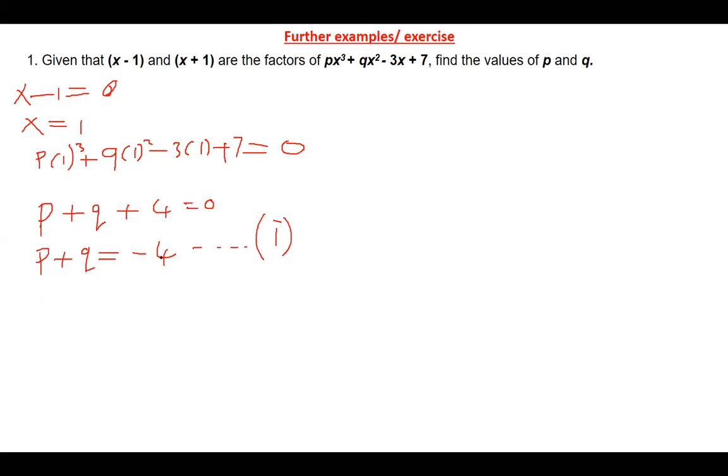And then you find your second equation by replacing x. You say x plus 3 is equal to 0, so meaning x is equal to negative 3. So you replace where there's x in this expression, and you get your answer like this.